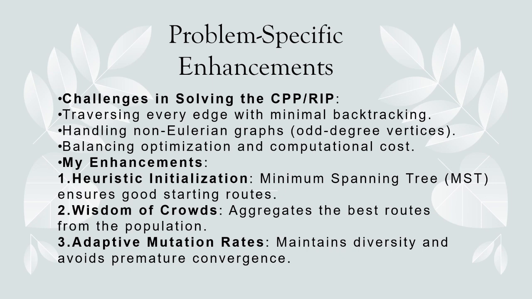Some enhancements I made that I'm quite proud of, honestly. It's heuristic initialization, minimum spanning tree, MST, ensuring a good starting route. Wisdom of crowds, WOC, aggregates the best routes from the population, and adaptive mutation rates, which maintain diversity and avoid premature convergence.